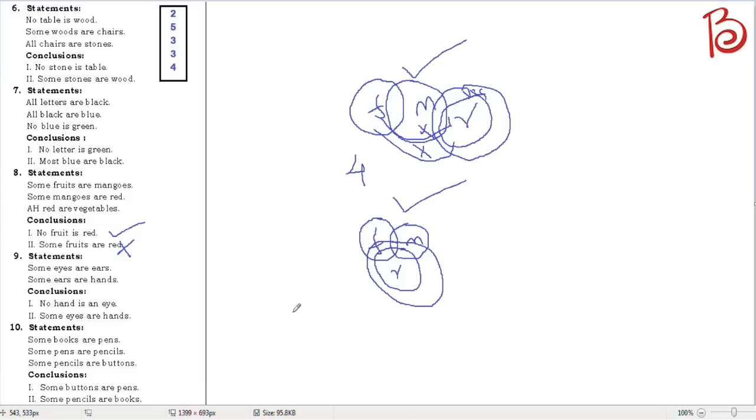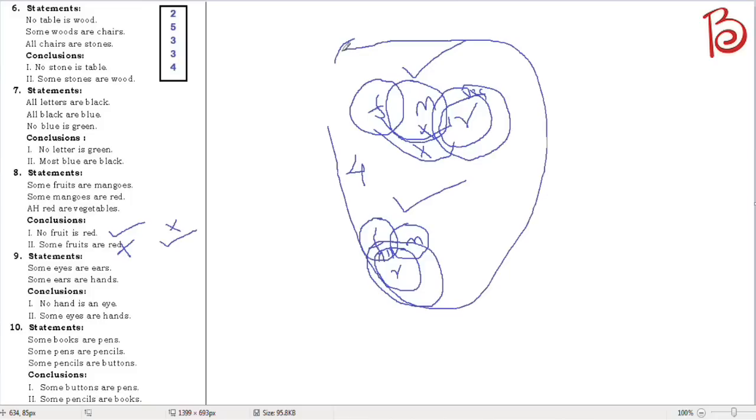But according to the second diagram, this part of the fruit is red, so the first option is wrong and the second option is right. So here we can draw two types of diagram, and we get two results.